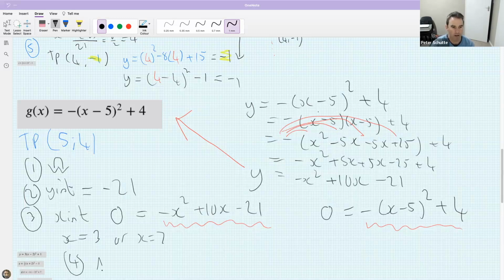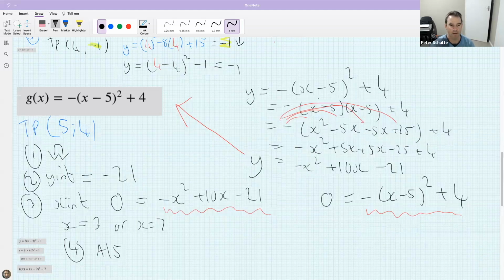Now, what is my axis of symmetry? Now, again, I've kind of cheated because it's in turning point form. You can see already, but let's just see that it does work. What would my axis of symmetry and turning point be?